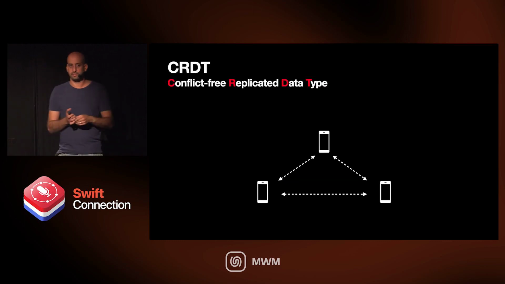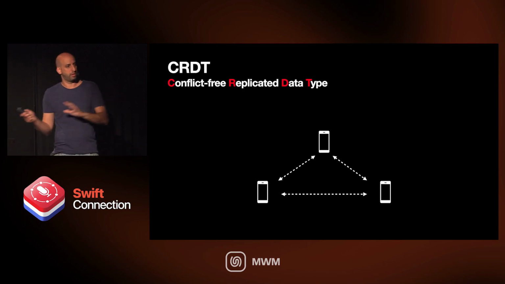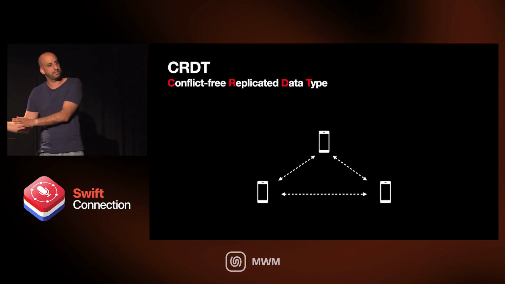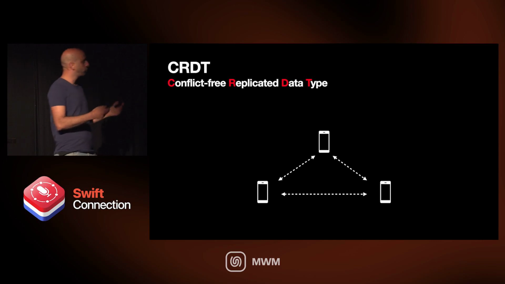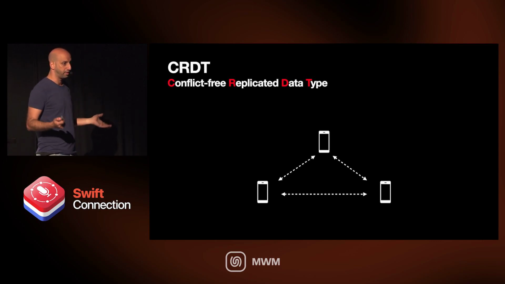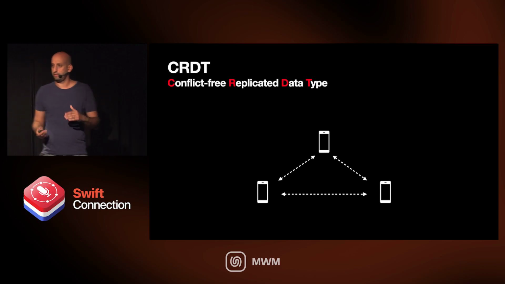Now, CRDT is not something that comes from the mobile world, but rather from the distributed systems world, where we have different systems with replicated databases, and we want to sync all the databases without even needing a server for that. And CRDT works so that, instead of sending entities or instances, we send messages about the change.